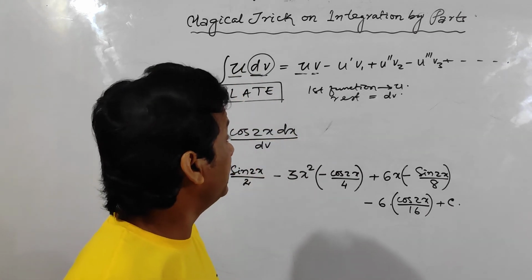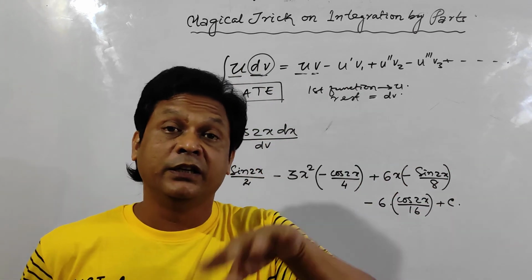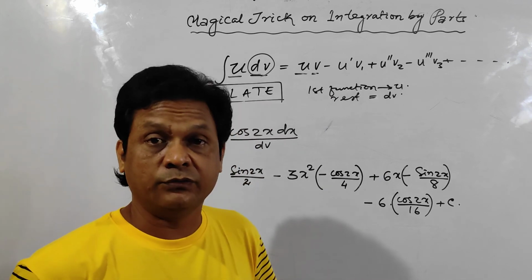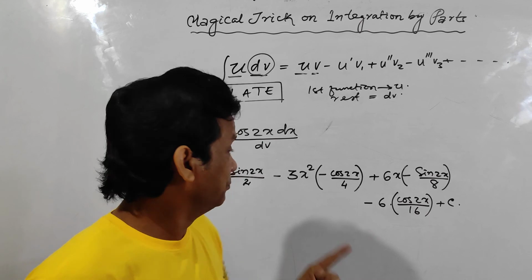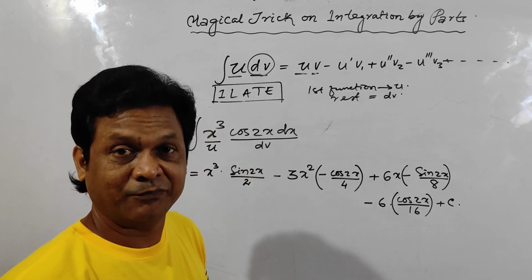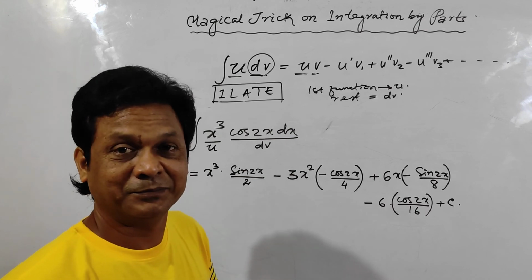And if they do not apply this trick and apply the class 12 procedure, then it will take 1 page. For this particular problem, it will take 6 to 7 lines, which will be very complicated.